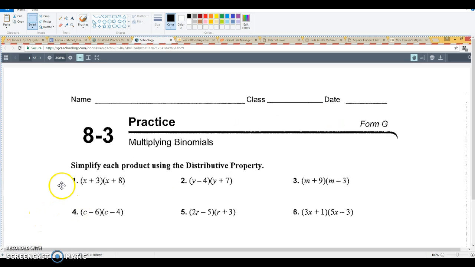So look at our review sheet and just take this first one, x plus 3 times x plus 8.